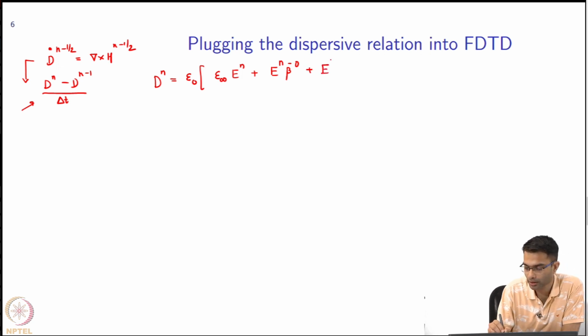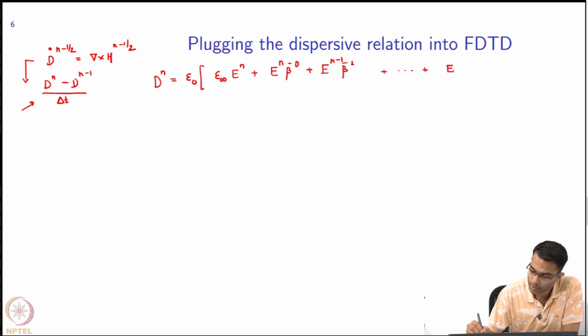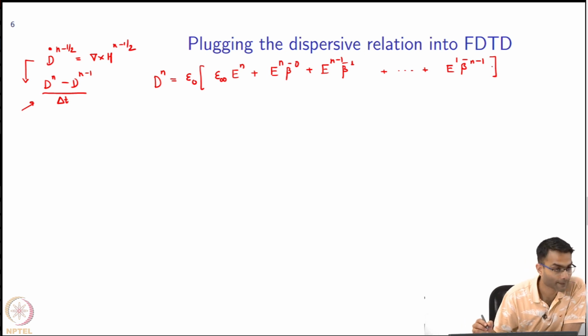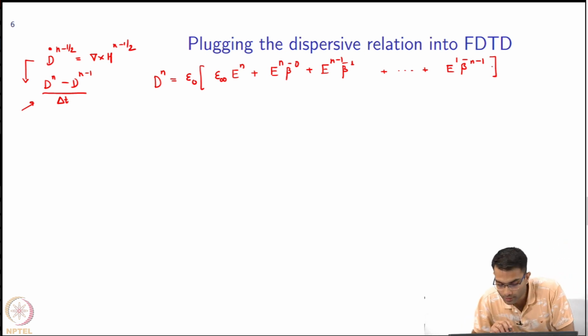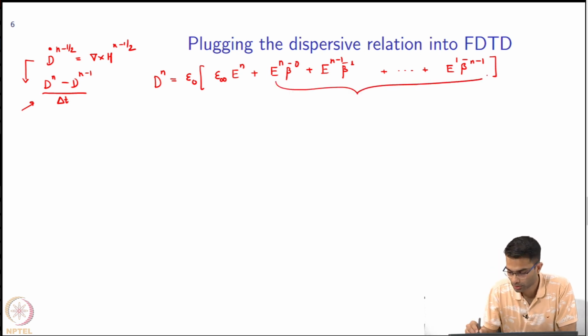Next will be E n minus 1 beta bar 1, right, and this continues all the way up to E 1 beta bar n minus 1. Okay. How many terms are there? N terms.